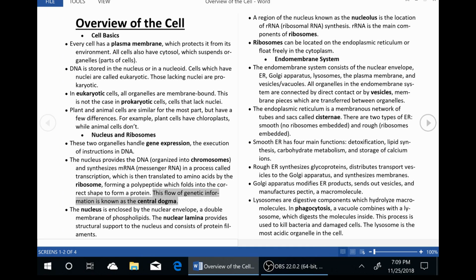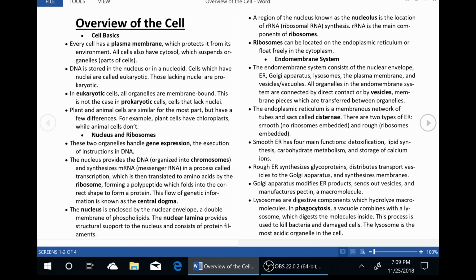The main flow of genetic information, as we just described, is known as the central dogma. Basically, DNA goes to RNA, which ends up as protein, which actually executes the instructions. That is the central dogma of biology in general.